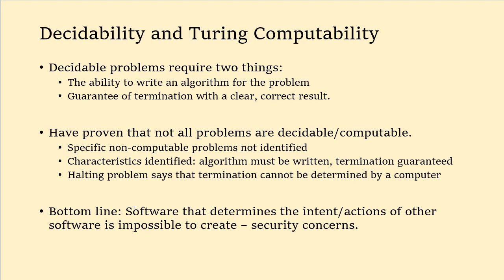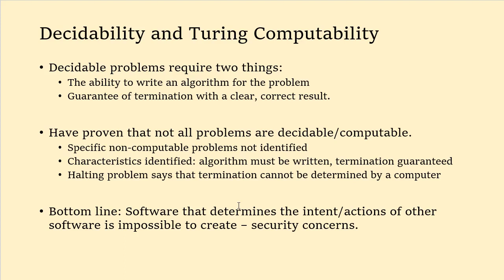And notice the way that we came to that result. We came to that result by having a Turing machine look at other Turing machines. And what that means in the real world is this. If you want to write software that examines other software and then tells you what that software does, it's an impossible problem. It maps to the halting problem.